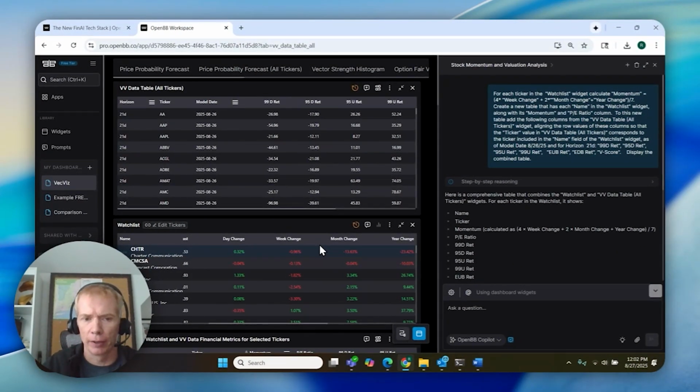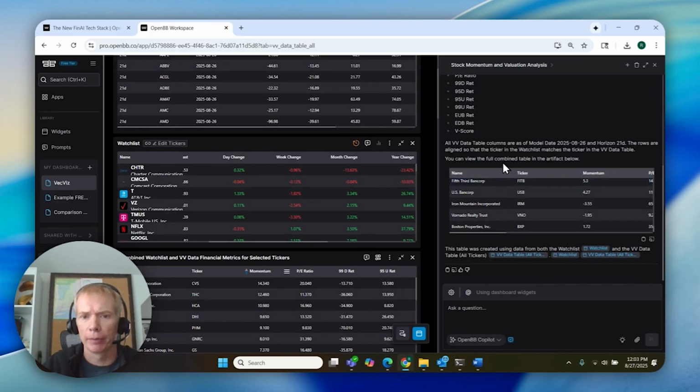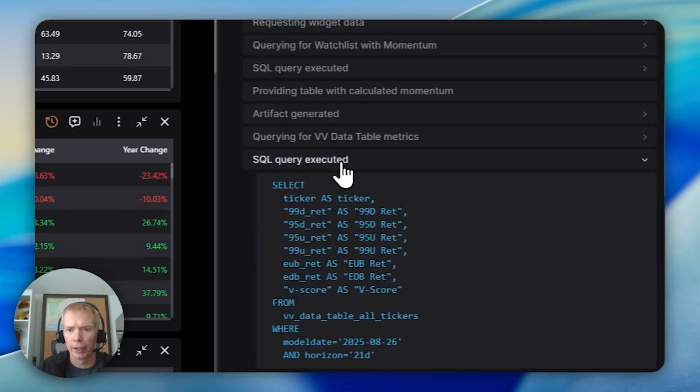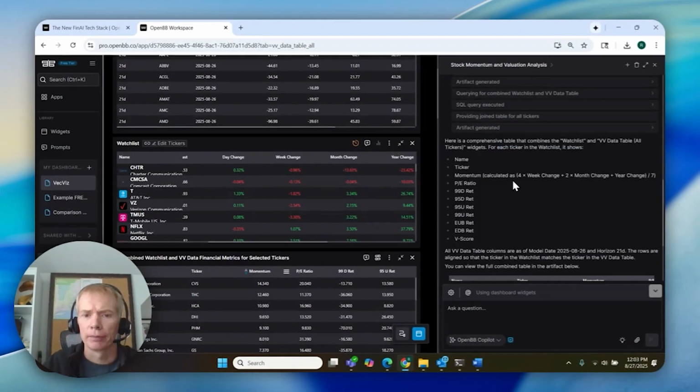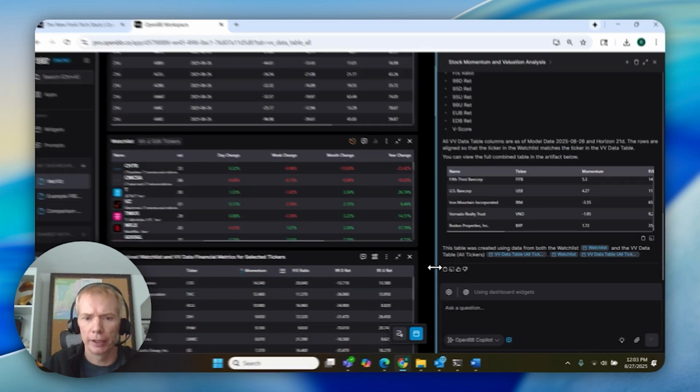That's basically going to weight the weekly price change more than the monthly price change, more than the yearly price change. And so it did that, and you can follow the step-by-step reasoning, the SQL query, etc. And it did a nice job. It gave it to me here. I exported it to this widget here.